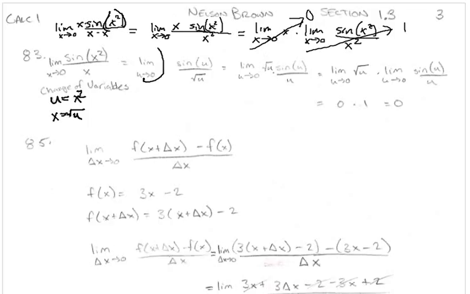So the limit as x goes to 0 of sine of x squared over x is the same thing as the limit as u goes to 0 of sine of u over square root of u. This time we have a square root of u, and if we want to change that into sine of u over u, we multiply the top and the bottom by a square root of u, and I get square root of u times sine of u over u.